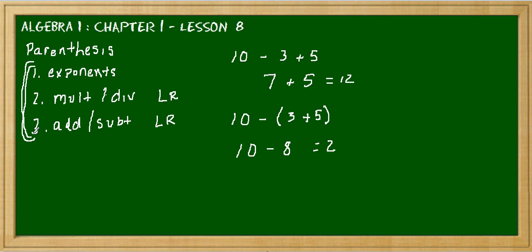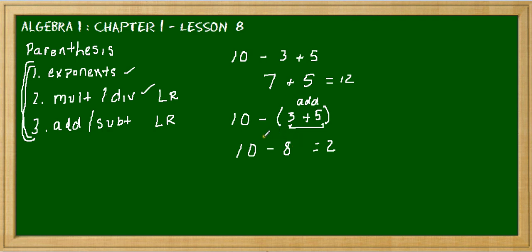Once we remove those parentheses, then we can go ahead and follow what we had. And that's basically what we did here. If we go back, we did the parentheses first, so we added 3 plus 5. We didn't have exponents, nothing there. We didn't have multiplication, nothing there. But we had to do addition and subtraction, so we did addition and subtraction, right? We added these two.